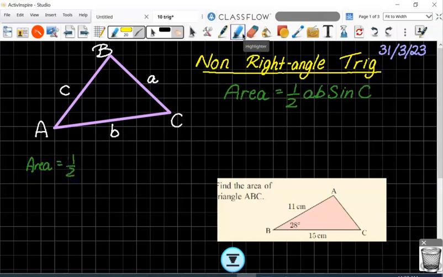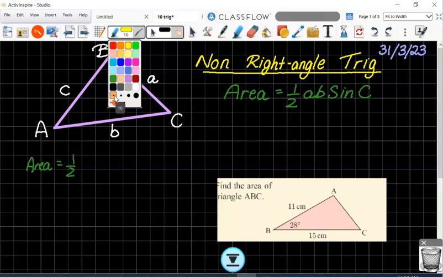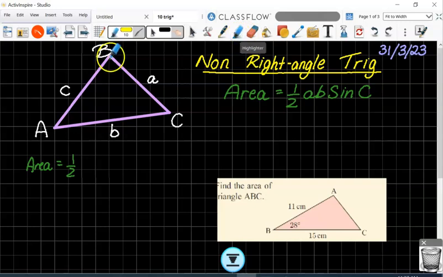Because the gist of this is ab sine C. Here's a. Oh, missed it. Here's a. Here's b, and we're looking at the angle C. So we want the 2 lengths and the angle in the middle.